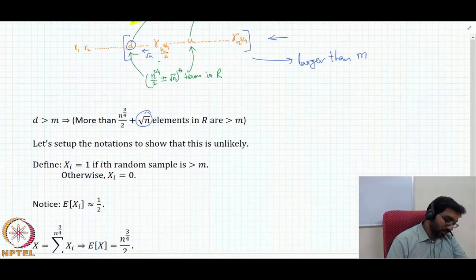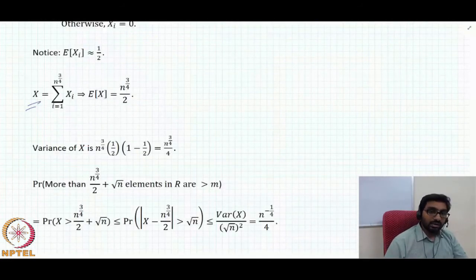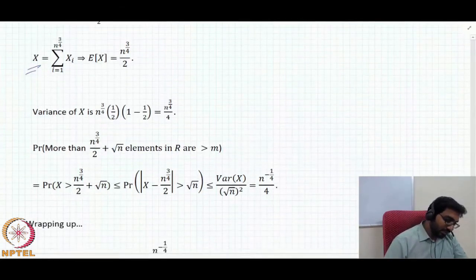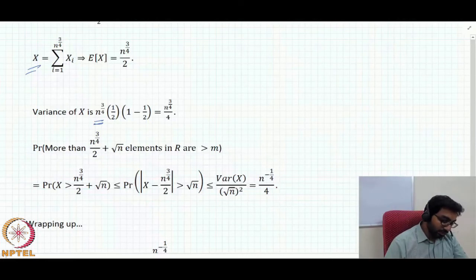Notice that X is a binomial random variable, and so its variance is given by the number of Bernoulli random variables times the probability of success of each Bernoulli random variable times the probability of failure of each. So the variance of X turns out to be n to the 3/4 divided by 4.